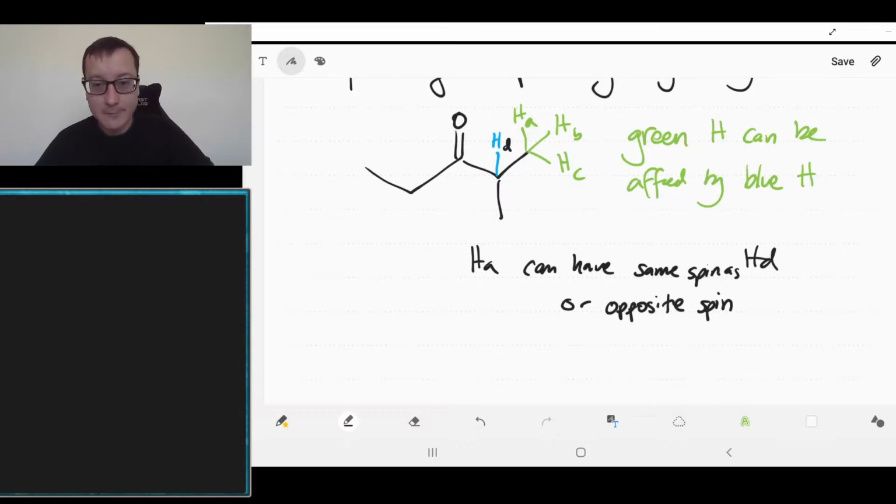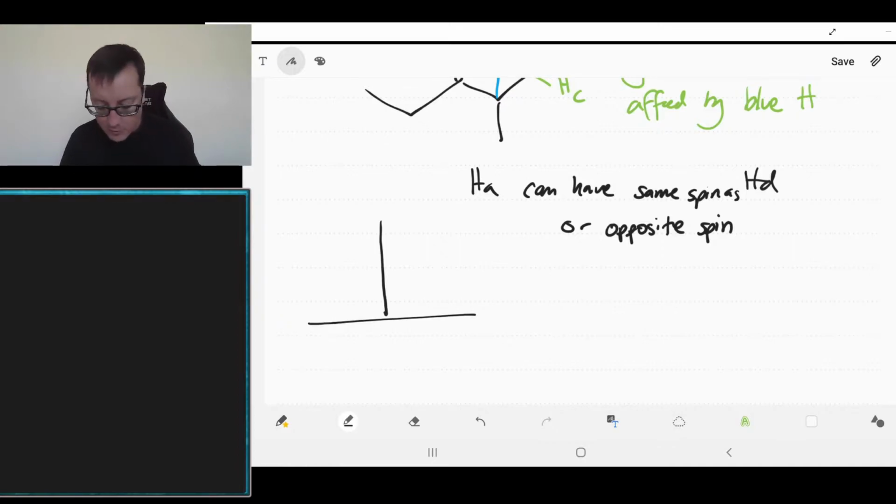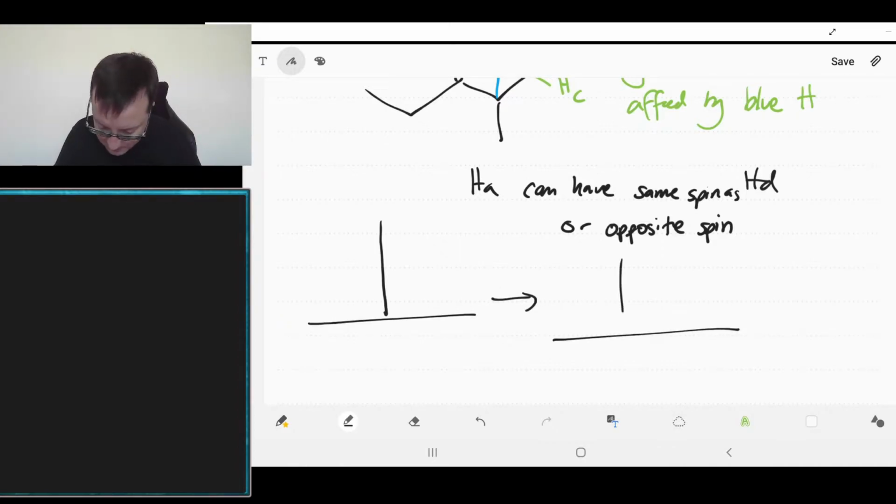So HA or HB or HC can have the same or opposite spin as HD, the blue one. And as a result, we're going to see that some of the times we're going to have higher energy peaks and sometimes lower energy peaks. And so we would normally see, aha, here's our normal signal. Our normal signal will then get split into two peaks.